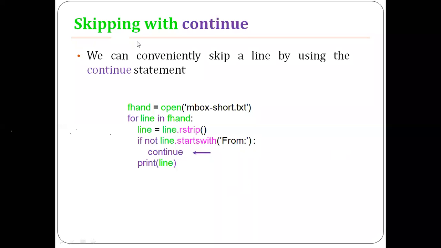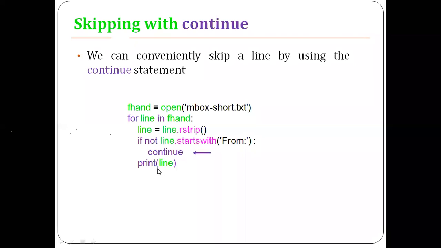Look at this example. We can conveniently skip a line by using the continue statement. We are getting the file handler here. Then we are reading each line from the file handler and stripping the right white space. And if the line doesn't start with "From", we continue, that is, we skip the rest of the instructions and move to the next line.